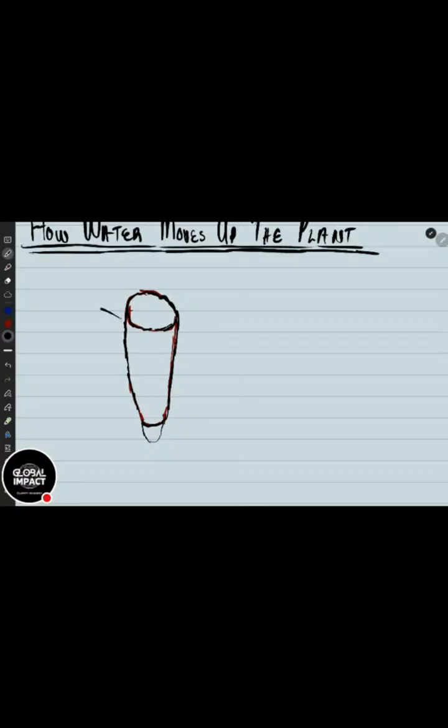Then I'll put some little strands coming out of your root hair cell.